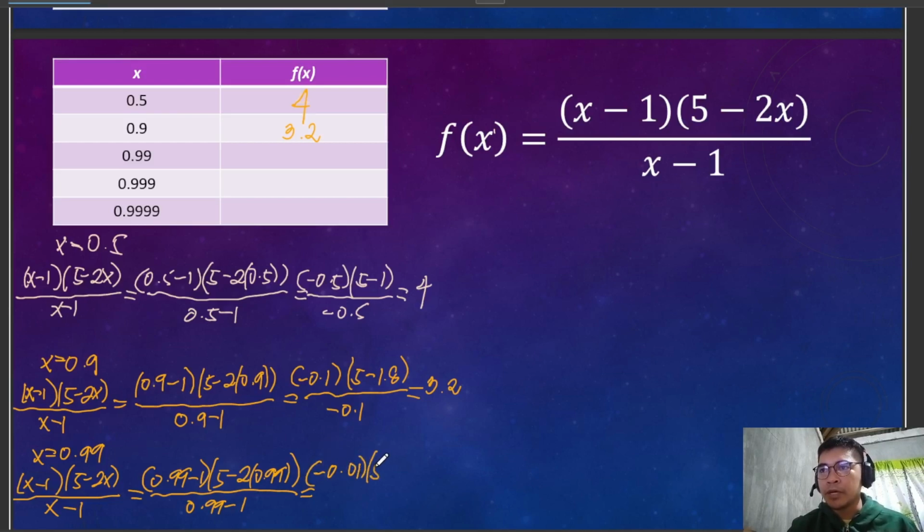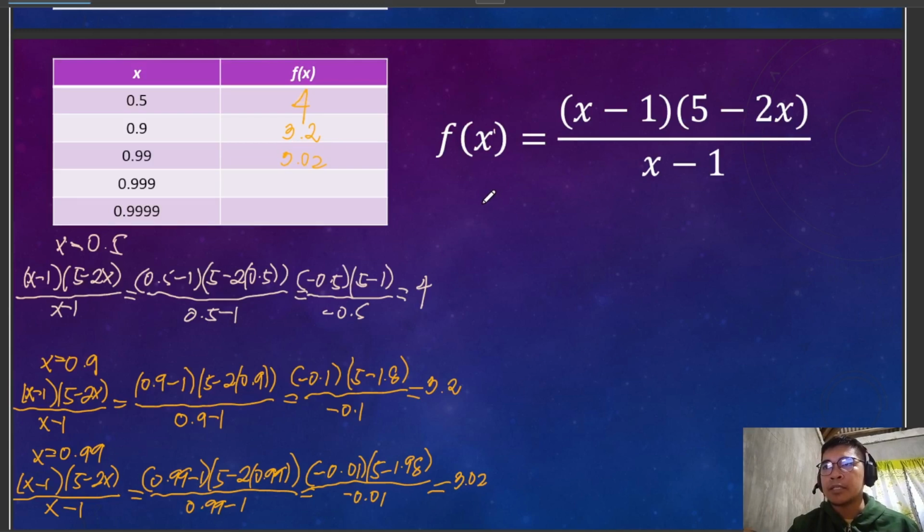And then 5 minus 2 times 0.99, that is 1.98. So negative 0.01 cancels, so that is equal to 1. So we need to focus on 5 minus 1.98, which is equivalent to 3.02.